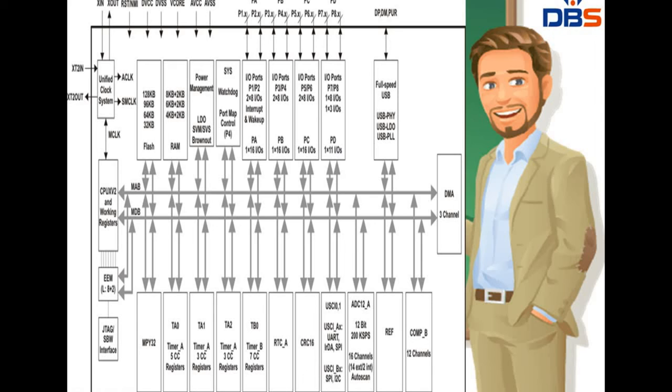Coming to the next one, full speed USB. USB means universal serial bus. This full speed universal serial bus has a transceiver physical layer interface, meaning we are connecting to a physical, external interface.